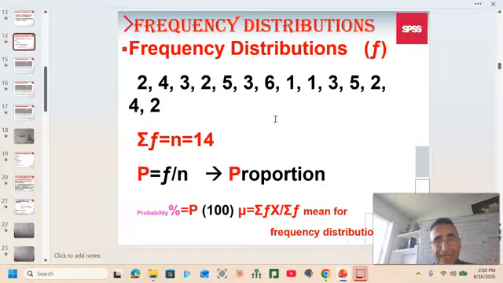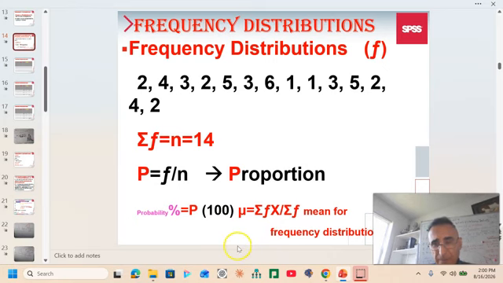So 4 divided by N, N is 14, or sum of f. Sum of f is 14. And that gives you, I believe, 0.29. That's your proportion. If you wanted to convert the proportion to percentage, you simply multiply that number by 100.